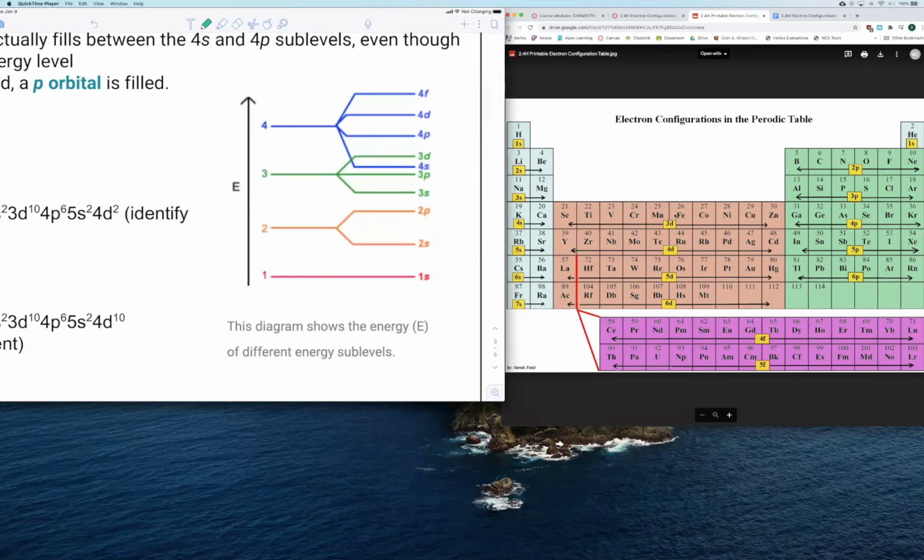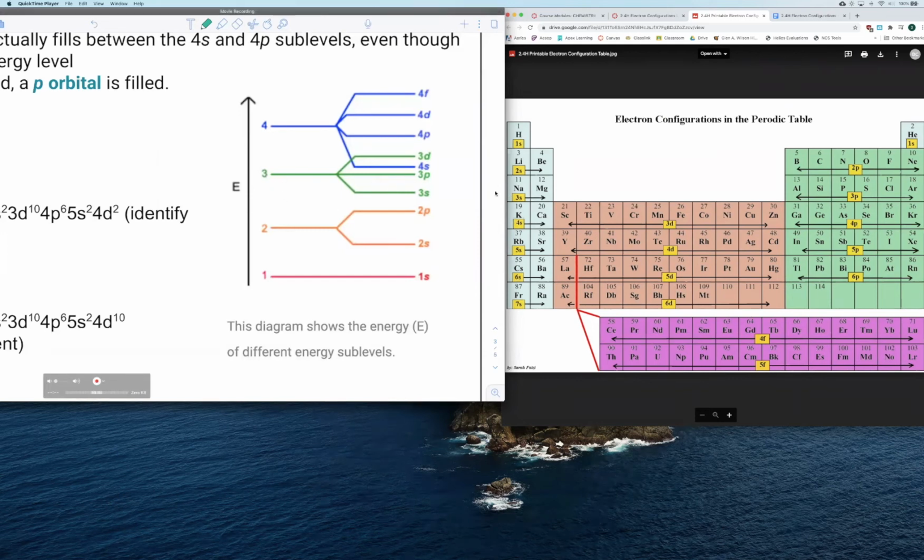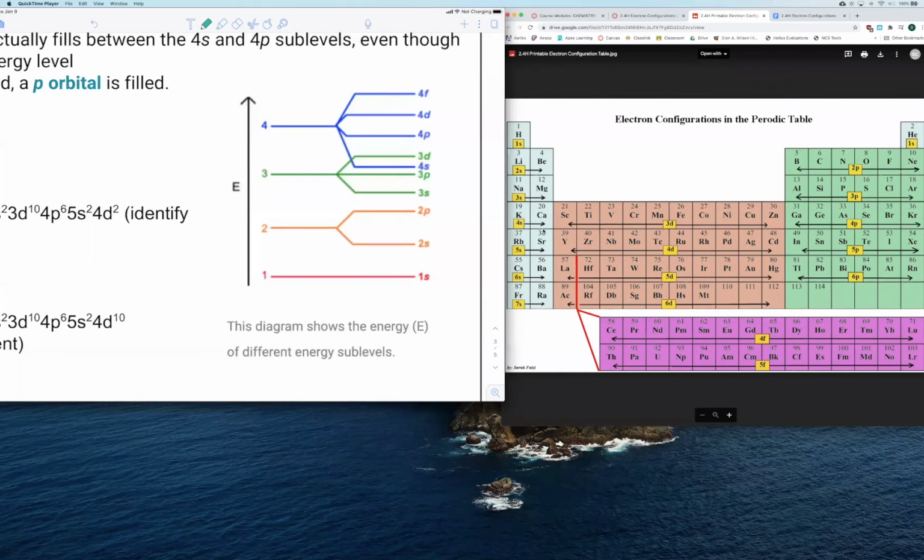The problem is that the 3d sublevel is actually higher energy than the 4s sublevel. So if you look at this chart, it goes from 1s, 2s, 2p, 3s, 3p, and then 4s, which is in energy level 4. Then it goes back to 3d, because 3d technically has a higher energy than 4s does.